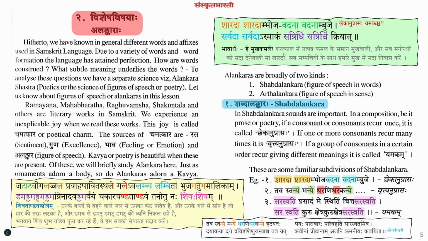Sharat Kal me utpann kamal ke saman. Utpann Kamal is the Sharada sense that is there. Mukhavali, saman mukhavali. So Amboja Vadana: Kamal ke saman mukhavali.